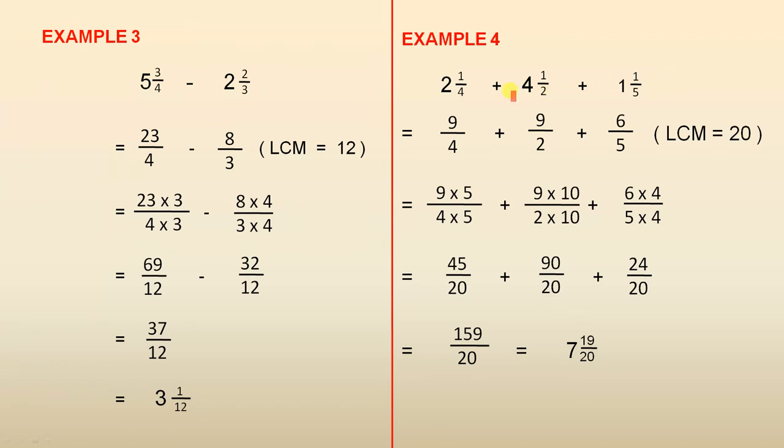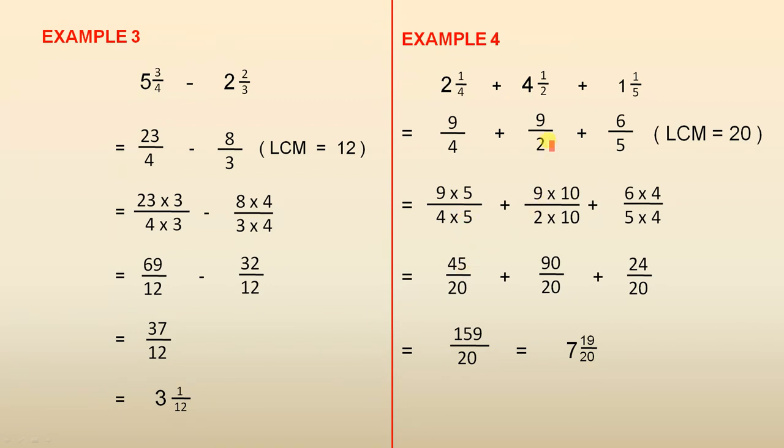Example 4: 2 1/4 plus 4 1/2 plus 1 1/5. That's 9 over 4 plus 9 over 2 plus 6 over 5. The LCM is 20. For that denominator to be 20, multiply top and bottom by 5. We've done that here, which gives us 45 over 20.